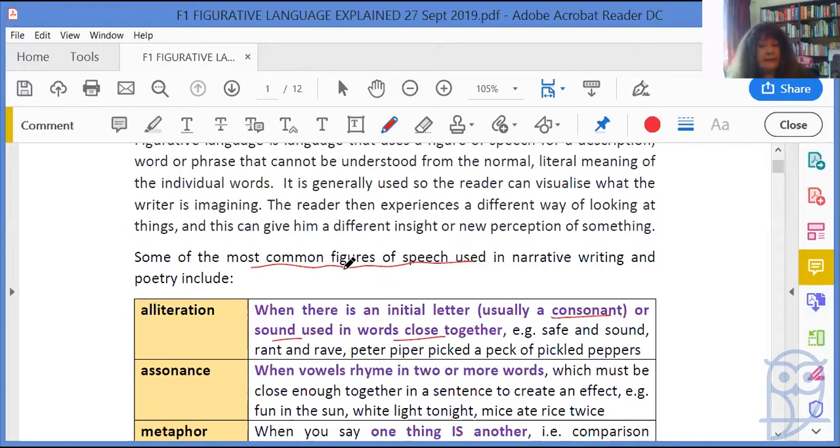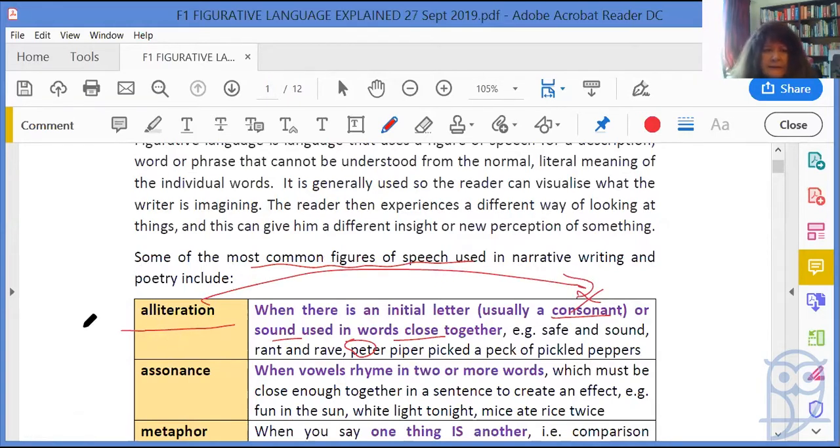So if you have to identify alliteration, look for words that begin with consonants that are close together. For example, safe and sound, you've got your S sound. Rant and rave, you've got your R sound. Peter Piper picked a peck of pickled peppers, you've got your P sound. Okay, and that's alliteration. We're looking at usually consonant sounds with alliteration.